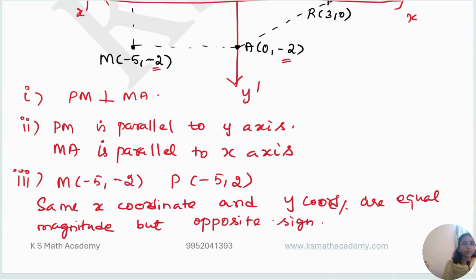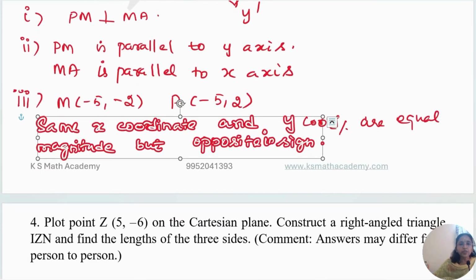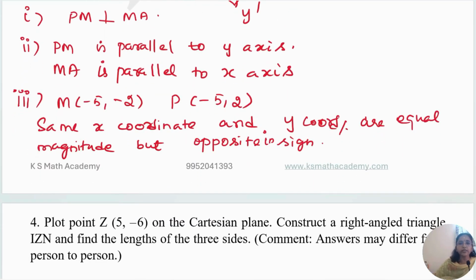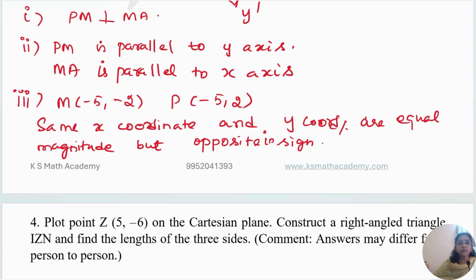So you can say these two points are mirror images of each other with respect to the x-axis. You can conclude your answer this way: the points M and P are mirror images with respect to the x-axis.